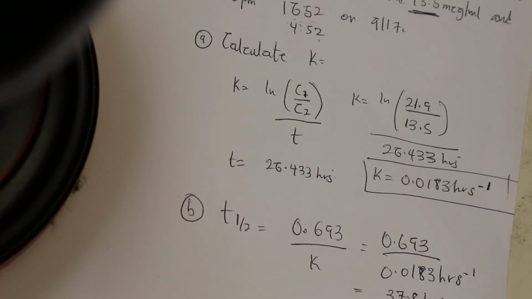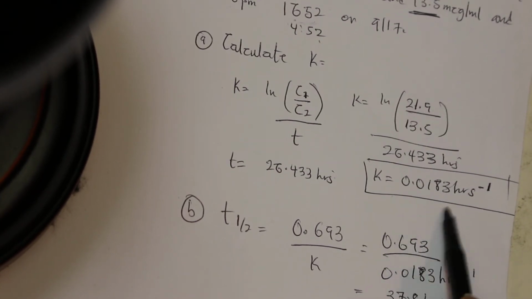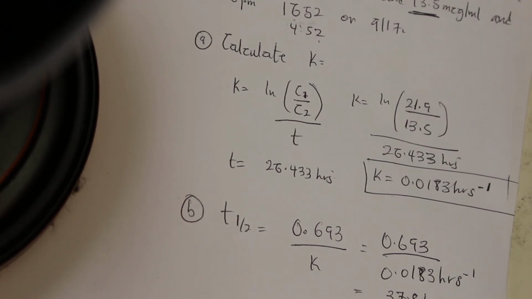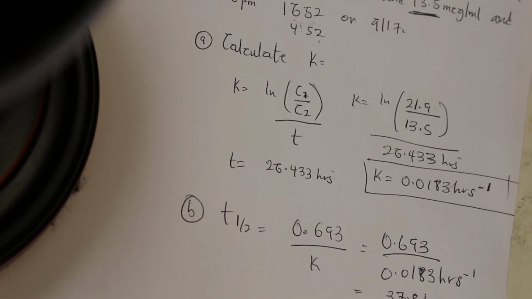Let's plug it in: C1 equals 21.9 divided by e to the negative K, 0.0183 hours inverse, times the time, which is 16.6833.